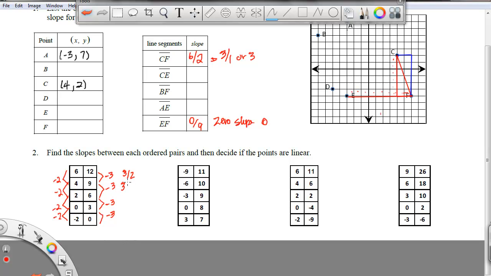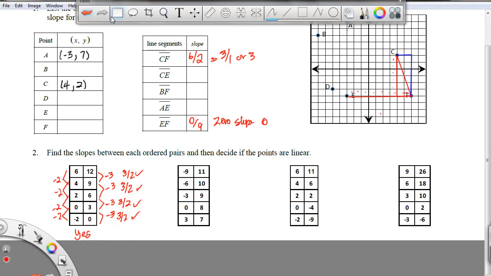That would be 3 over 2, 3 over 2, and 3 over 2. And so when the slope is the same between all the points, you would write, yes, they're linear. Okay, so that's what you'll do on these other three problems. And make sure you show me the slope. If you don't show me the slope, you're going to get those easy problems wrong.